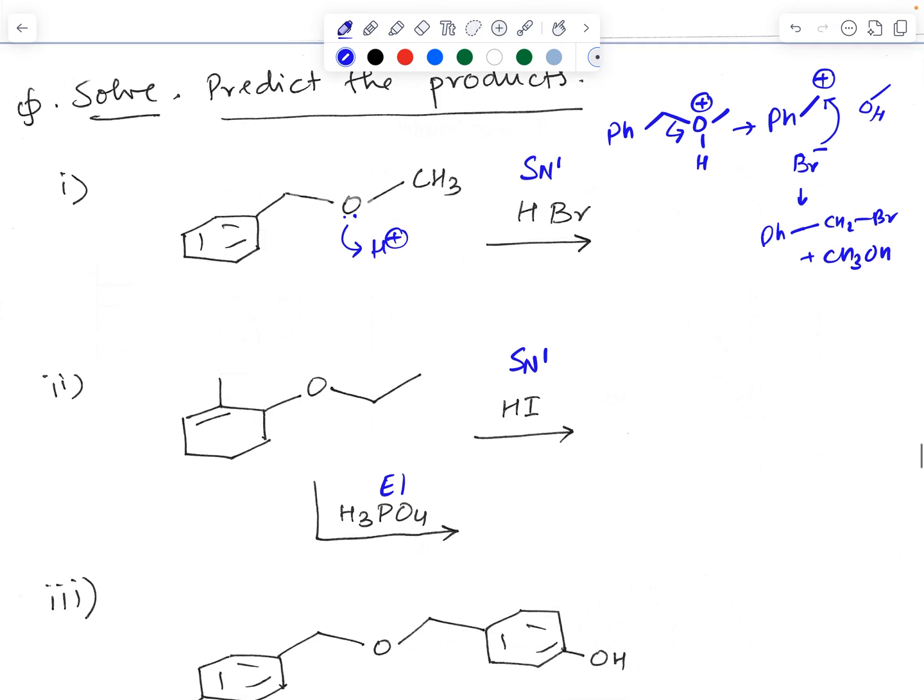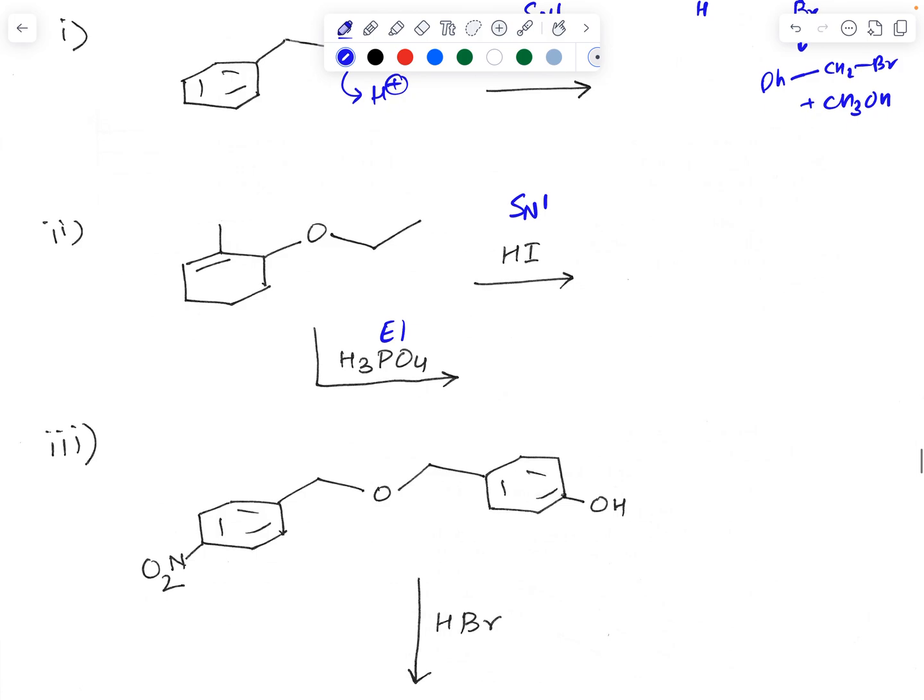Okay, let's take a look at the next one. The next one out here, similar first step, the O gets protonated. That gives you, I'll write it up here, this kind of a species. And then again, the bond is going to break from here because it's going to form a carbocation that can be stabilized by conjugation.